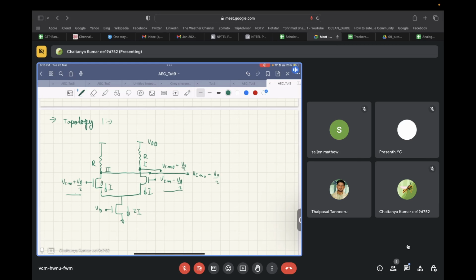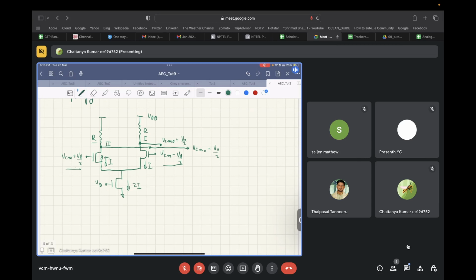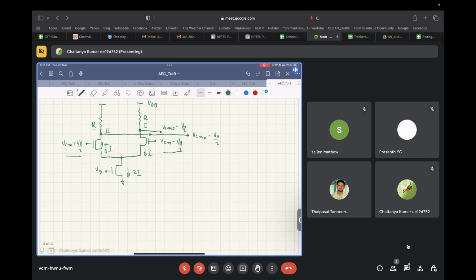Now let's say the gain of this transistor is GM, and we have this resistor R over here. So what is the differential gain? In order to find the gain, we will have to draw the differential half circuit of this structure. How will we draw the differential half circuit?